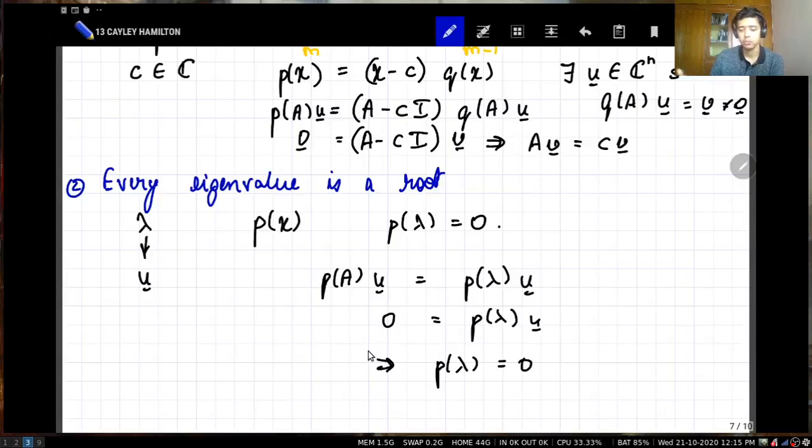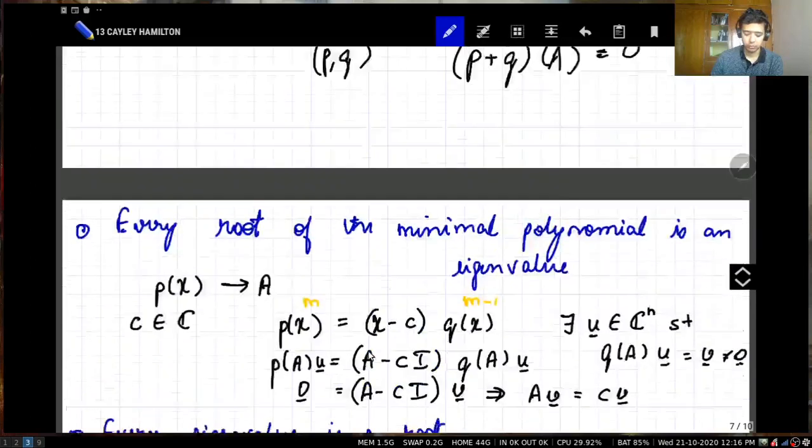Since P is an annihilating polynomial of the matrix A, P of A times u obviously has to be the 0 vector, whereas the right hand side is P of lambda times u. Since u is an eigenvector which is non-zero, we must necessarily have that P of lambda equals 0, which implies that lambda is a root of P. Okay.